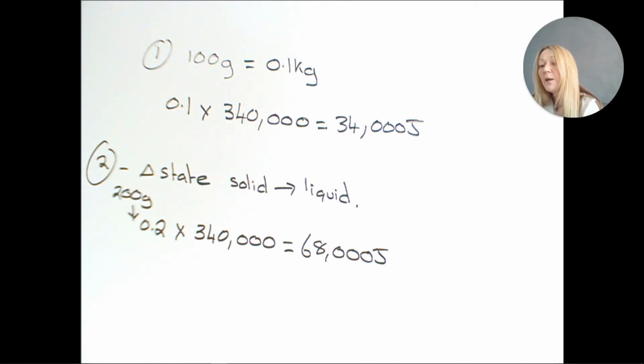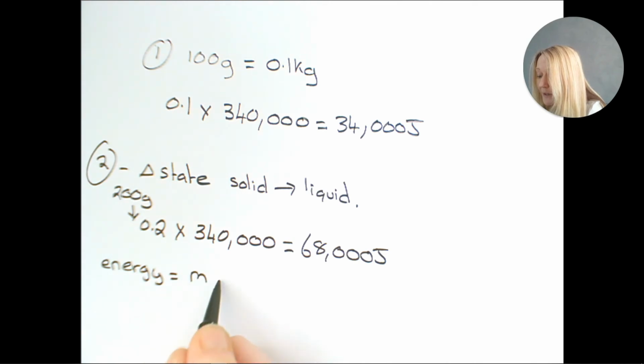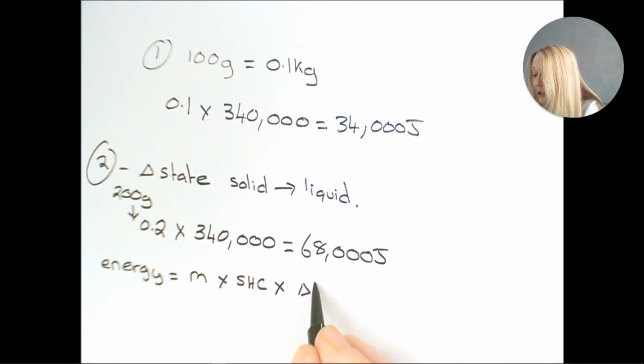Once the ice is melted, we're then going to need to look at the change of temperature. And for this, we're going to use the specific heat capacity equation. So we know that the energy is going to equal the mass times the specific heat capacity of water times the change in temperature.